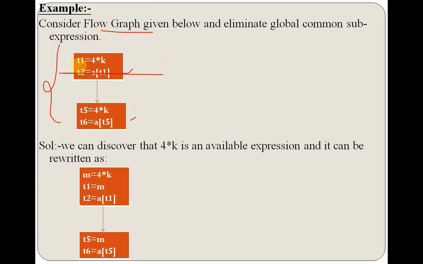In block 1 we have the statements T1 = 4 * K, T2 = A[T1], and in block 2, I have T5 = 4 * K. So here I have 4 * K, and also here I have 4 * K. This is said to be a common subexpression or global common subexpression, meaning an expression that is used in more than one block.